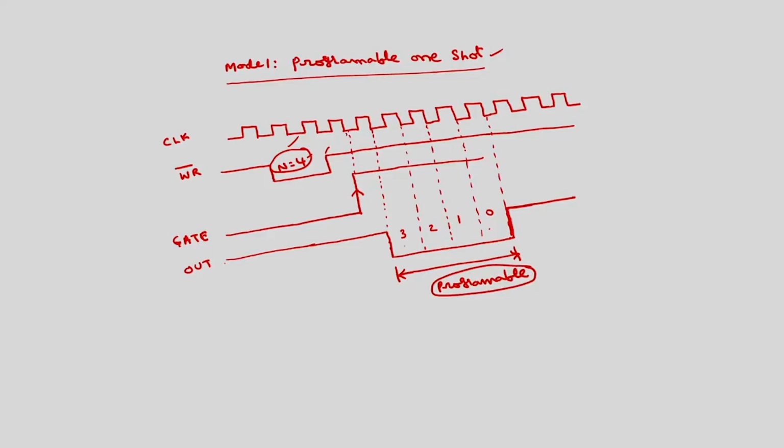Okay. Next, coming to mode 2. Mode 2 is called rate generator. This basically will be used for dividing frequencies. This will act as a divide by n counter. Here also we will have a clock.